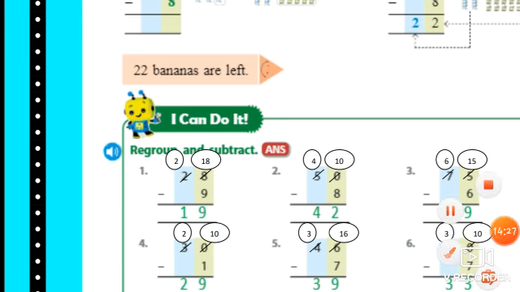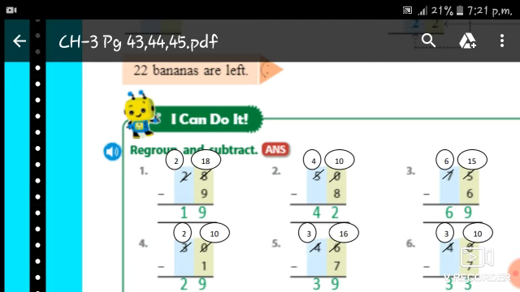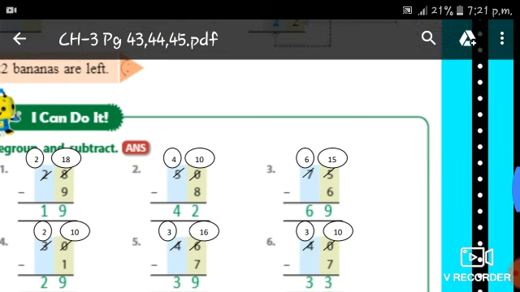Just a minute. Here it will come 1. Okay. So when I take borrow from tens place, only 1 will be left at tens place, and in ones place 18 will become. So 18 minus 9 is 9 and 1 will come as it is. So 19 is the answer.